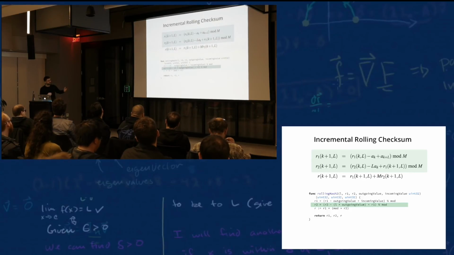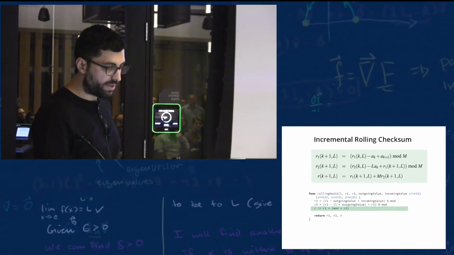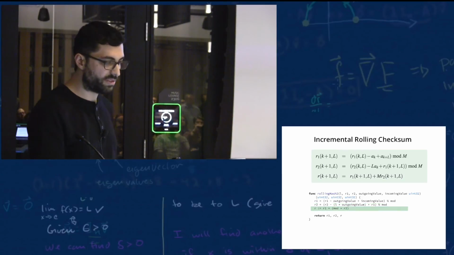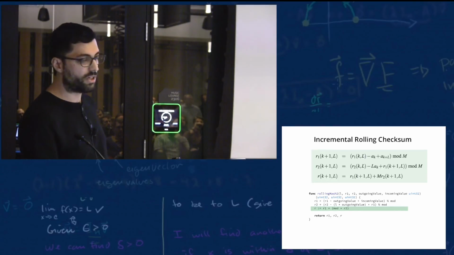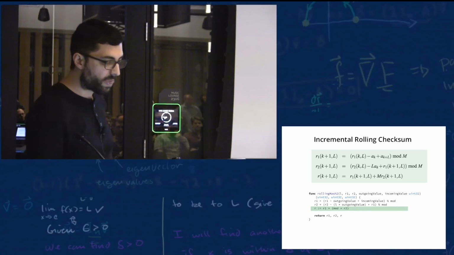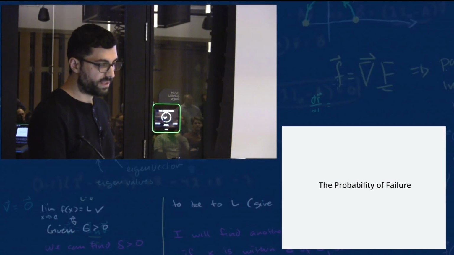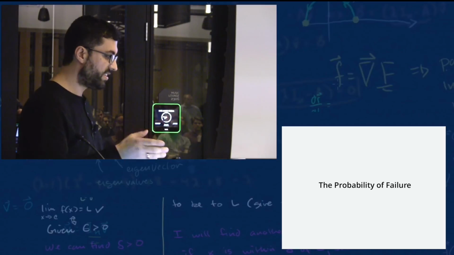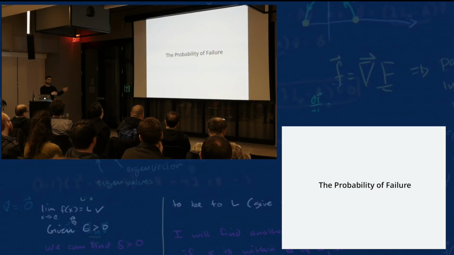And the position for the incoming value is L. Finally, the 32-bit rolling checksum is calculated and returned along with R1 and R2, for the next calculation to use. So that covers the calculations for the rolling checksum at block boundaries and at byte offsets.